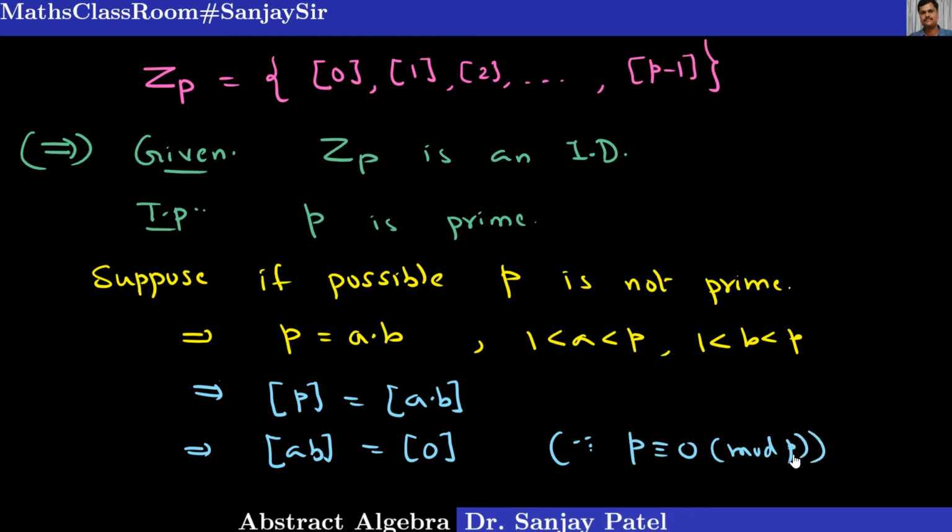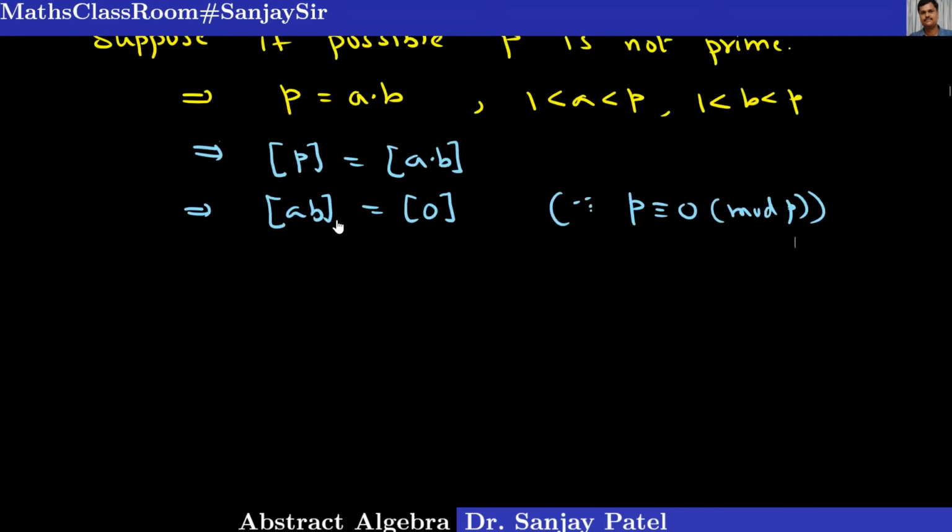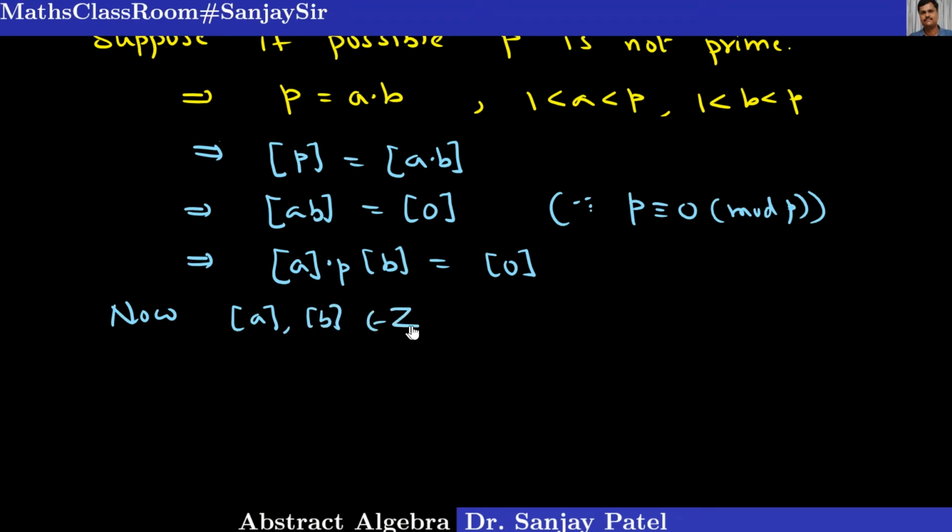We understood what is the meaning of the residue classes here. So I can write class a ·_p class b is equal to class 0. And this class a and class b are elements of the ring Z_p.